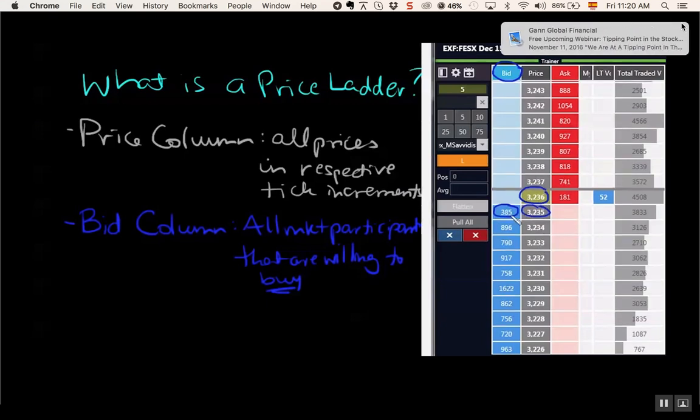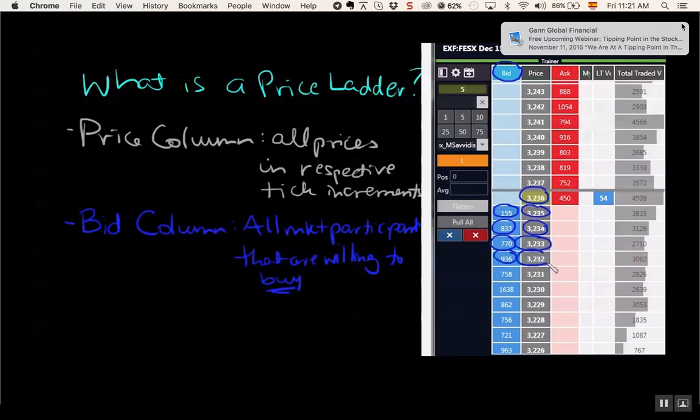So that's gone down to 244, 386, and so on and so forth that are willing to buy at 32.35. Then there's another about 900 lots willing to buy at 32.34, 770 at 32.33, 936 lots willing to buy at 32, and that goes all the way down the page.